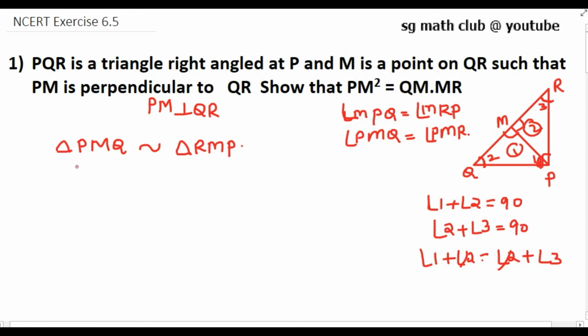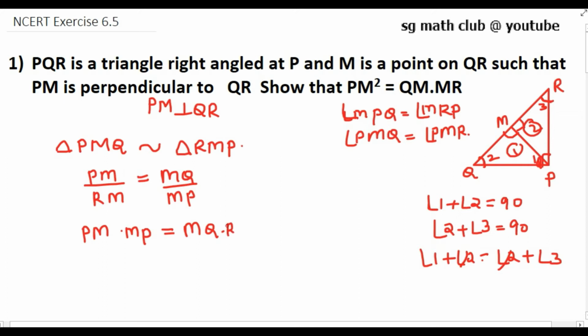Now if two triangles are similar, we know that the corresponding sides are proportional. So I can write PM divided by RM is equal to MQ divided by MP. Now I can cross multiply. So I have PM into MP is equal to MQ into RM, which is PM square is equal to QM into RM.